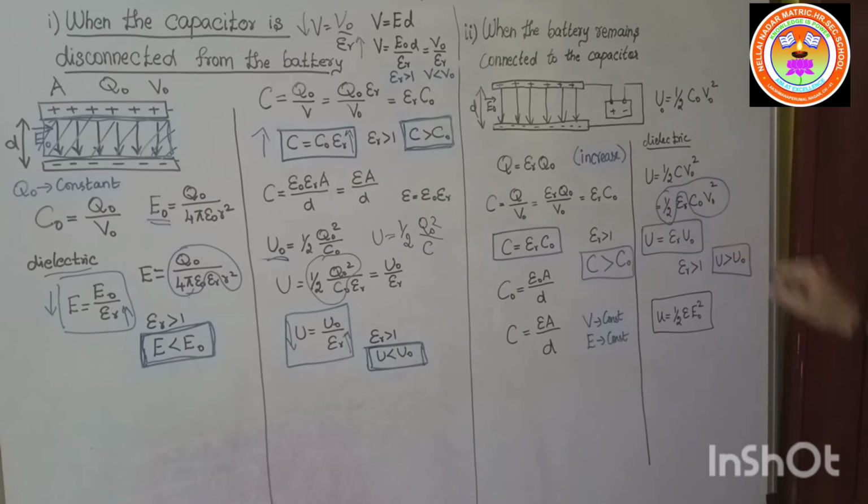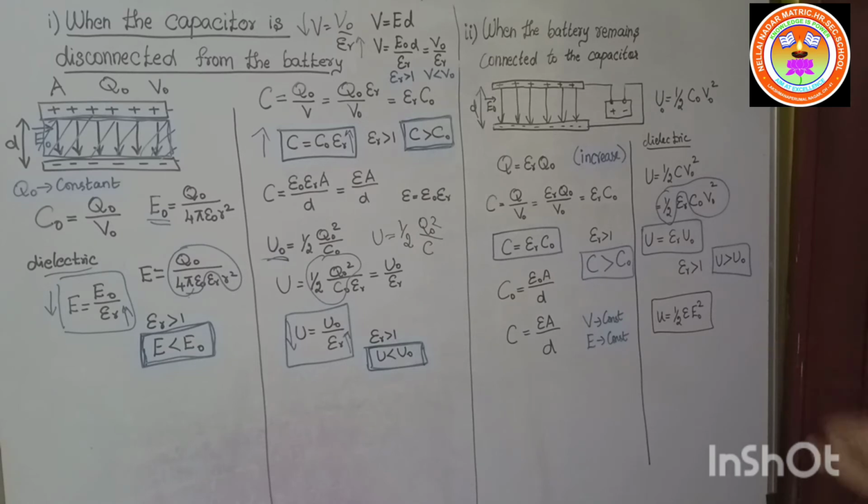So we can write U is equal to epsilon r into U naught. Again, when epsilon r increases, the energy value will increase. So what is the conclusion here? Charge increases, capacitance increases, potential and electric field are constant, and energy also increases.